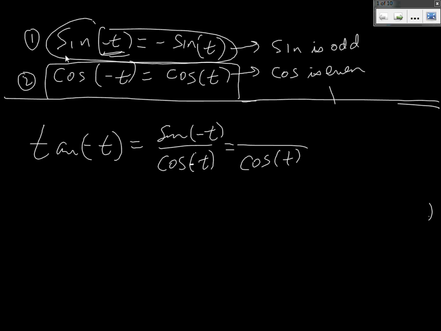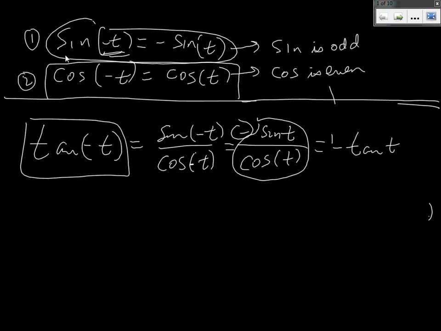And for the numerator, we're going to get not the sine of t, but negative the sine of t. And what happens is, that's tangent of t. Not my fault somebody went and put a negative sign in front of it. That is, the tangent of negative t is negative the tangent of t. That is, tangent function is an odd function.